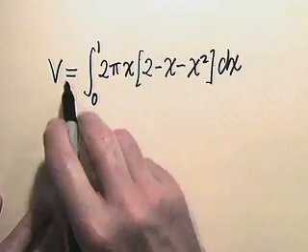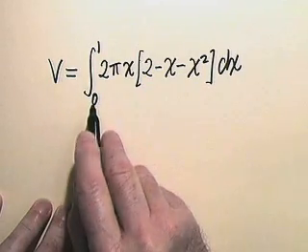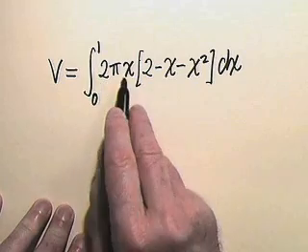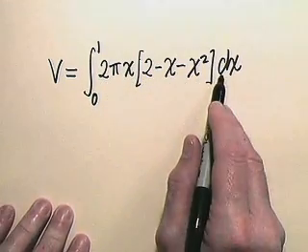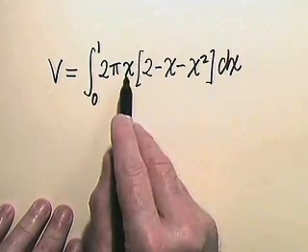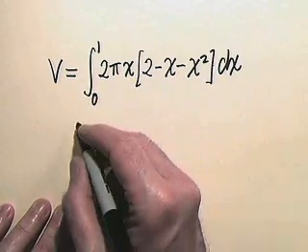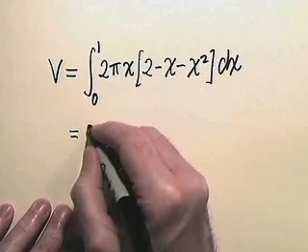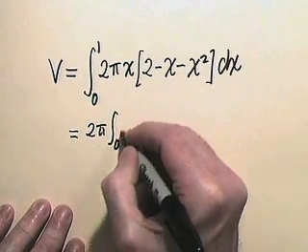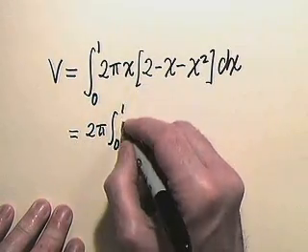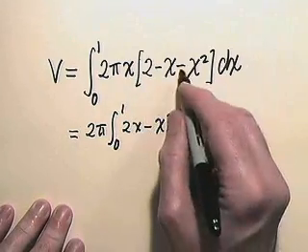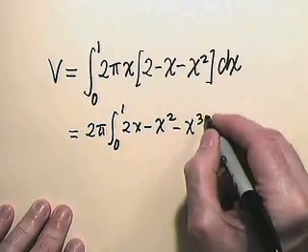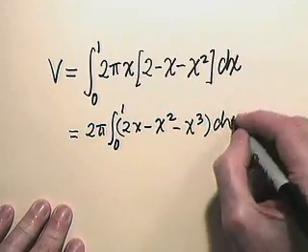Let's do that now. So our formula then would be V equals the definite integral from 0 to 1 of 2 pi x times the quantity 2 minus x minus x squared dx. And so the first thing to do is multiply the x through, and we'll take out the 2 pi. And so we get 2 pi integral from 0 to 1, 2x minus x squared minus x cubed dx.